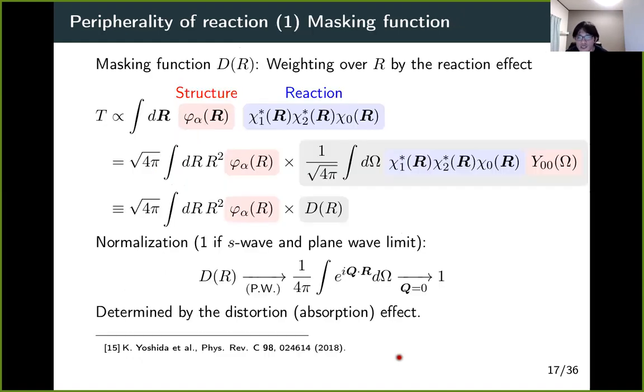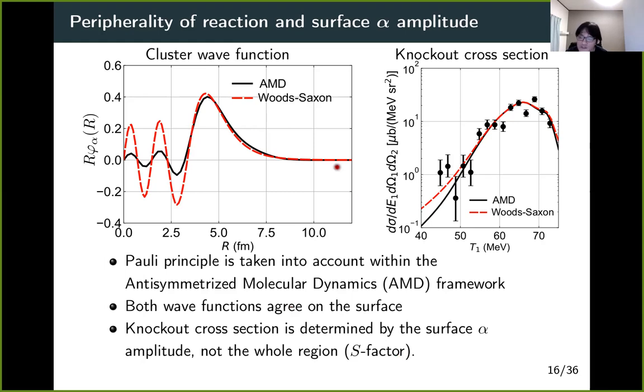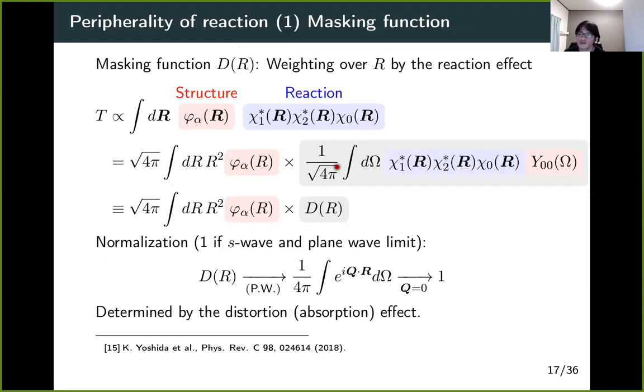And to understand this peripherality of the reaction, we can make some calculation. This is a T matrix, this is a cluster wave function, and these are the distorted waves. They are divided into the reaction part and structure part. By doing the integration over the solid angle and keeping the radial part as it is, we obtain this one, and I defined this one as D. This is what we call the masking function, which shows how peripheral the reaction is.